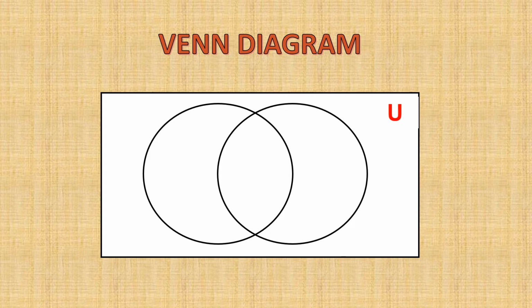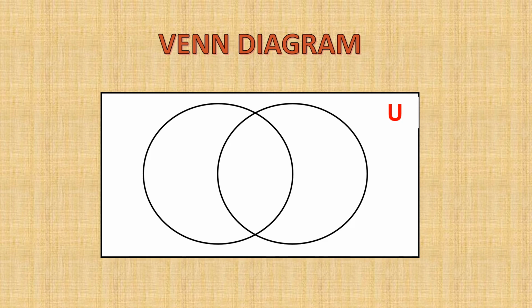Universal set is represented by a simple plane area bounded by a rectangle, and its subsets are represented by circles. Since Venn diagrams are visual representations of relationships, they are very useful in showing similarities and differences between sets. In fact, set problems can be better solved using Venn diagrams.